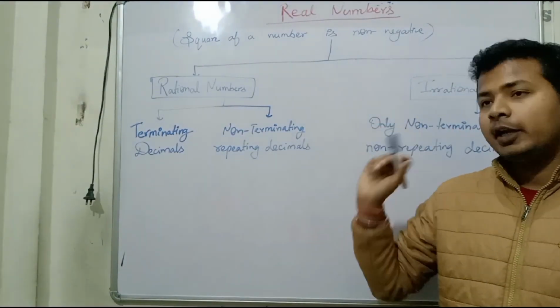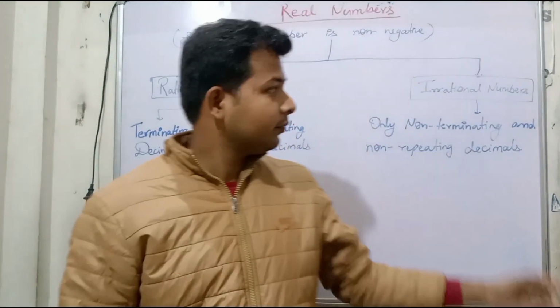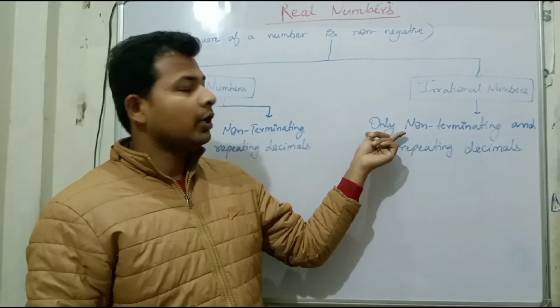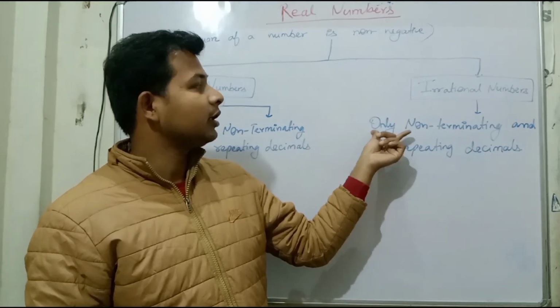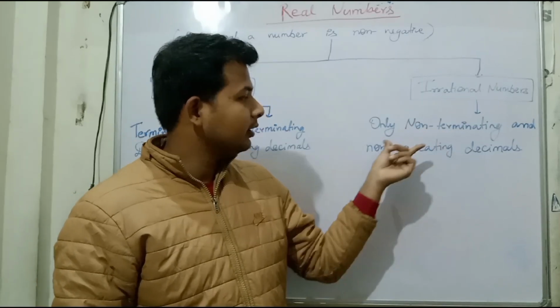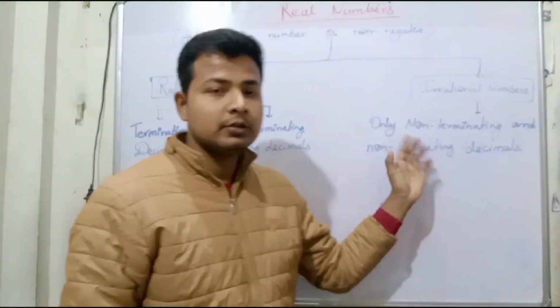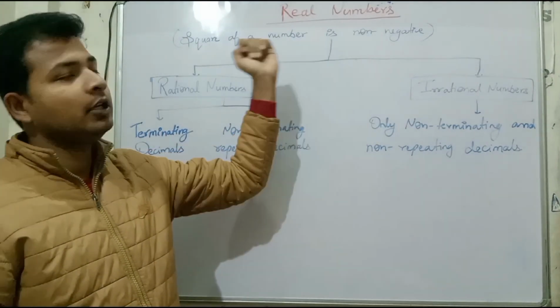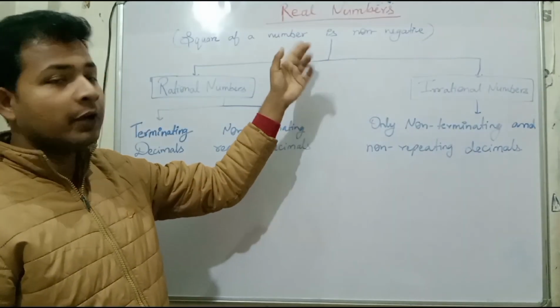But irrational numbers are those numbers in which decimal expansions are non-terminating and non-repeating. Okay, the combination of these two will be treated as real numbers.